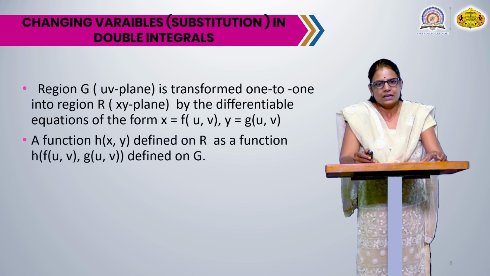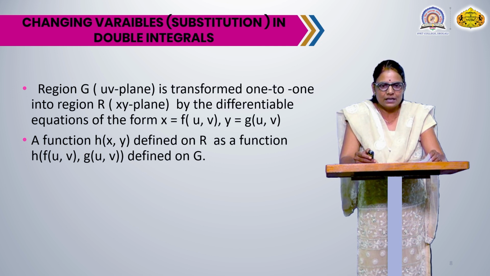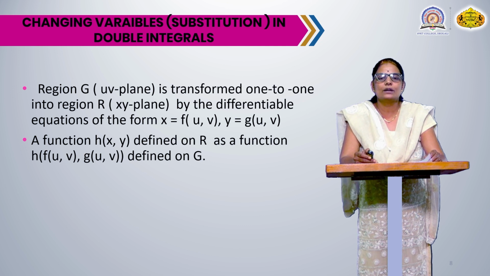In this case, a function f of x, y which is defined on region R becomes a function of u, v, that is, h of f of u, v comma g of u, v, defined on region G.